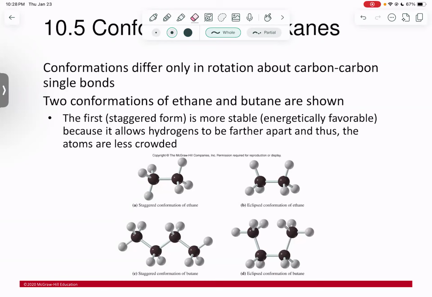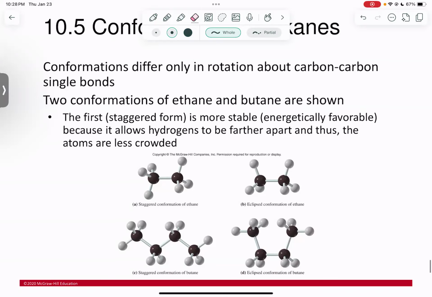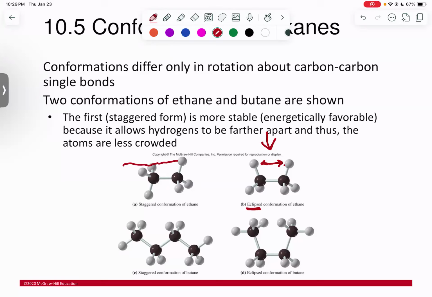how atoms are arranged in alkanes, what we can see is that if you had something like, let me come down here, like this. Do you see how these hydrogens are relatively close to one another? That's called the eclipsed conformation of ethane. Whereas if I come over here and I lined it up, this would go between this hydrogen and this hydrogen.